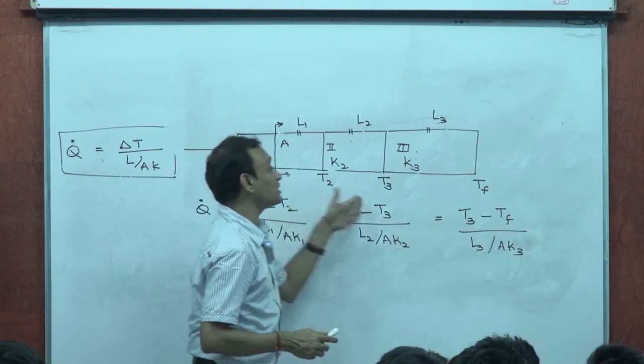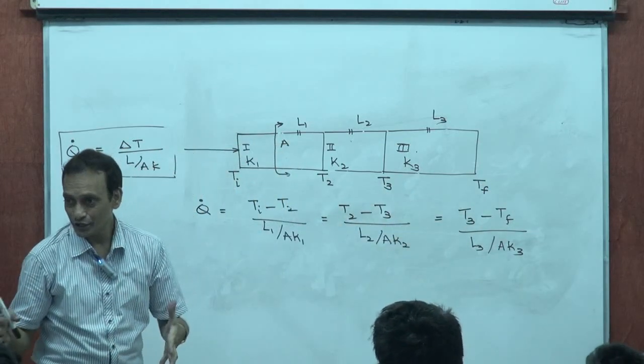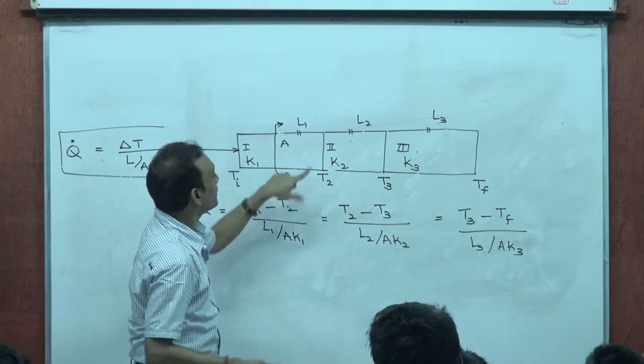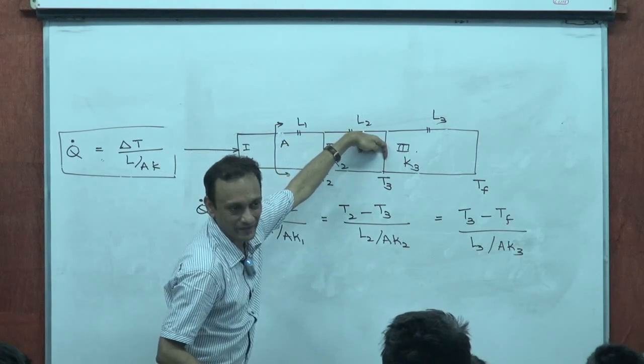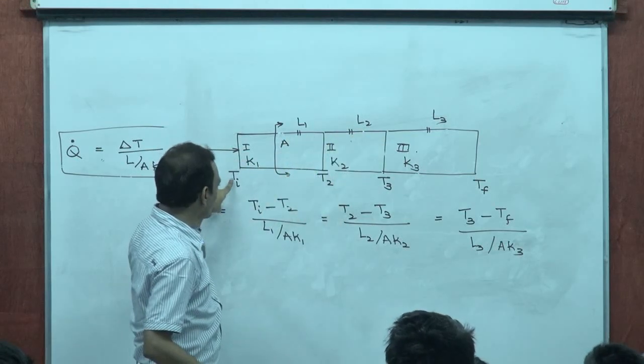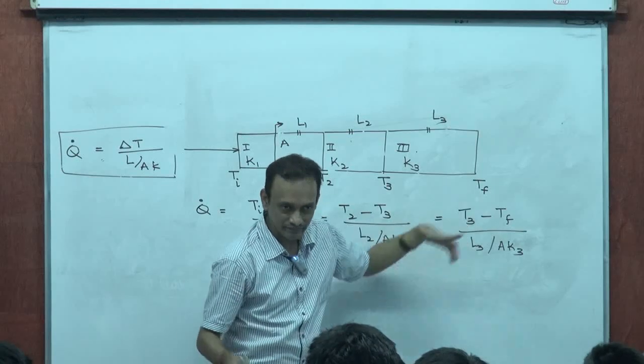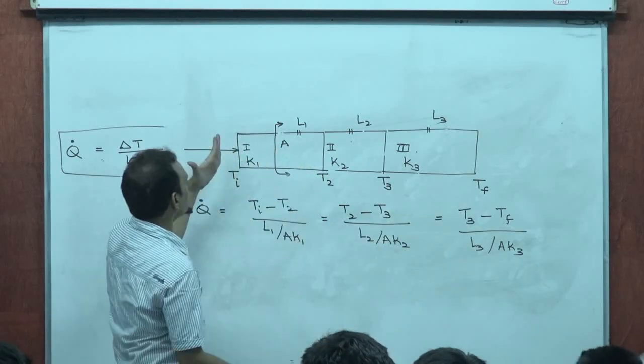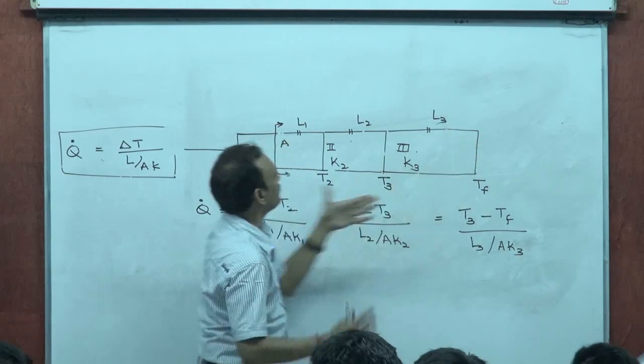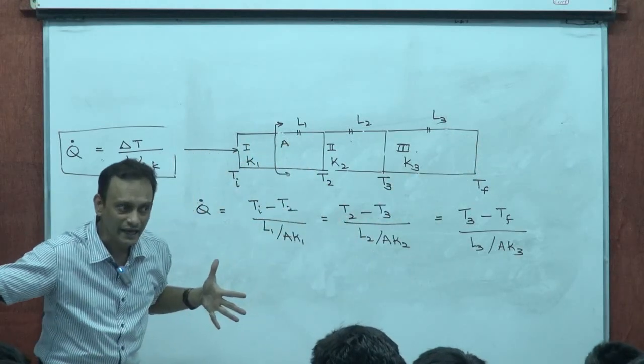Which is the same as the sum of the numerators divided by the sum of the denominators. Suppose I didn't want to deal with the interface temperatures T2 and T3, and was only interested in Ti and Tf. One single slab with end points at temperatures Ti and Tf and of length L1 plus L2 plus L3.